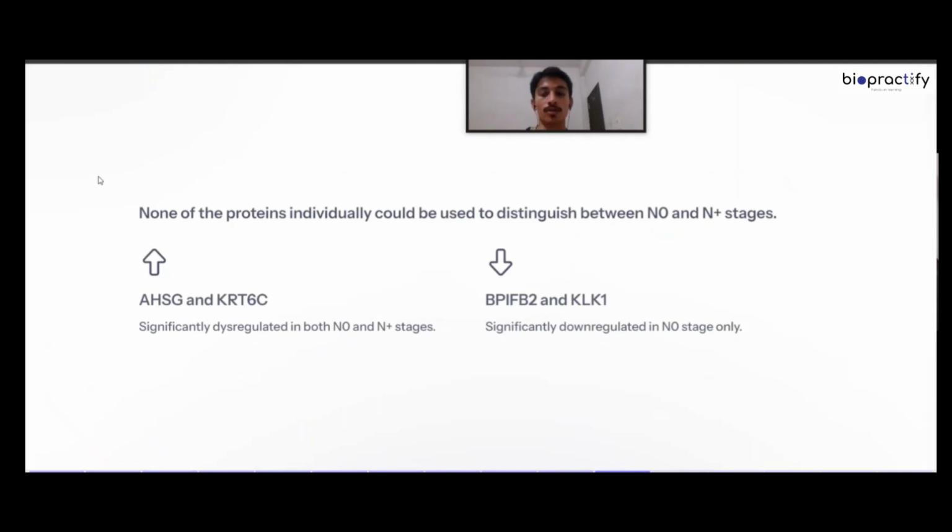The researchers say that there is no particular distinguishable characteristic of any protein which can be considered for both the stages or individually as well. AHSG and KRT6C were significantly dysregulated in both the stages. BPIFB2 and KLK1 were significantly downregulated in just N0 stage only.